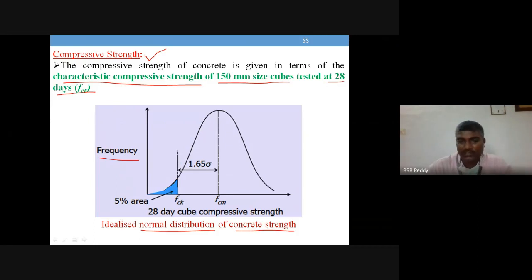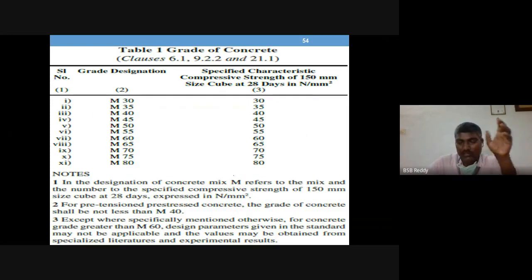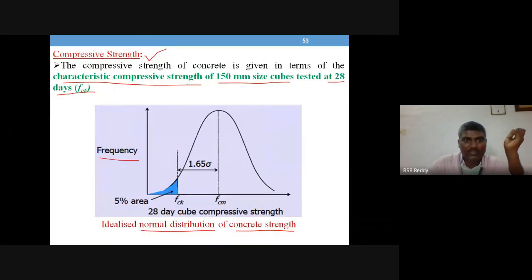For example, if you take 100 samples for testing, not more than 5 cube strength values shall fall below the specified value of those 100 cubes taken. That is the nature of testing for compressive strength that we talk about.